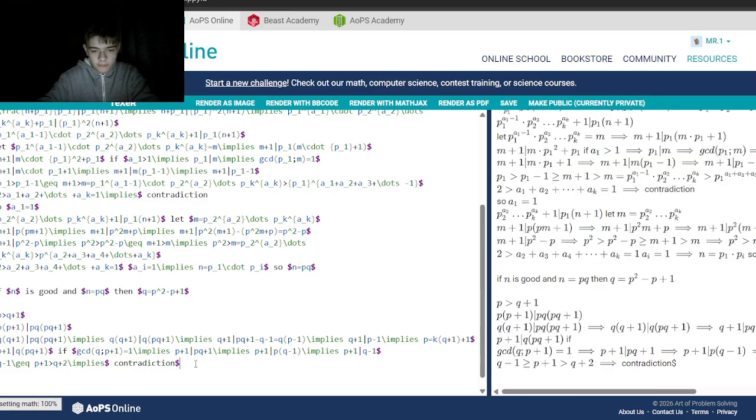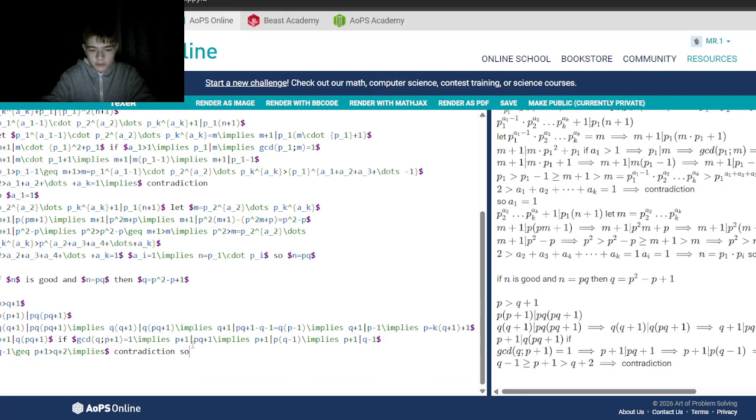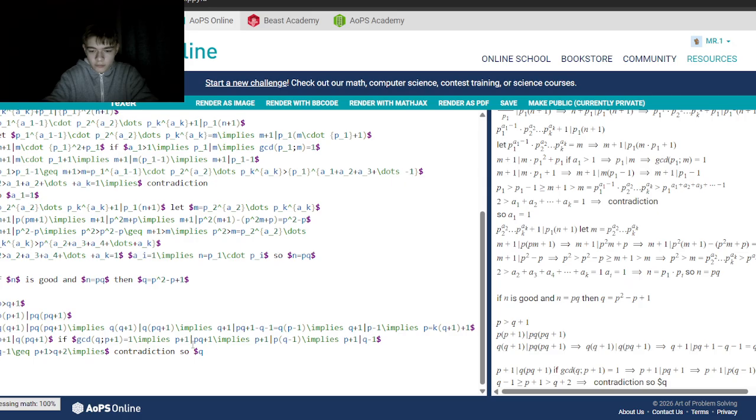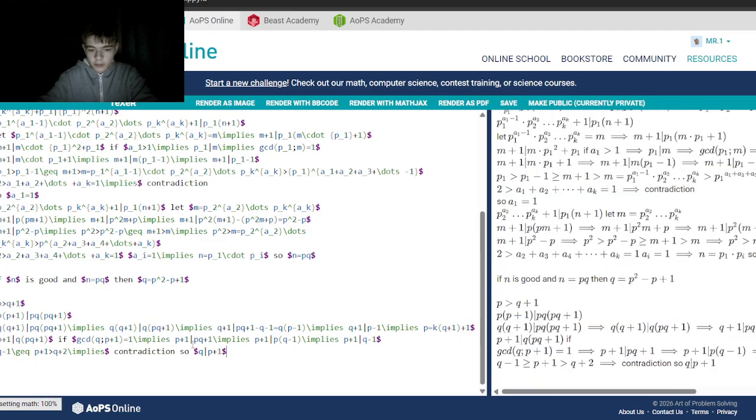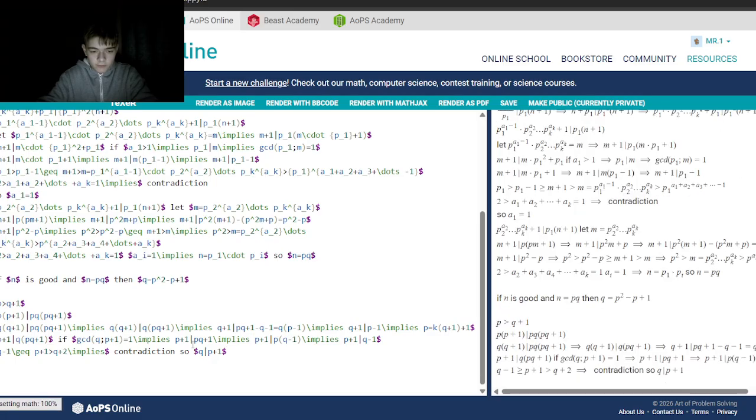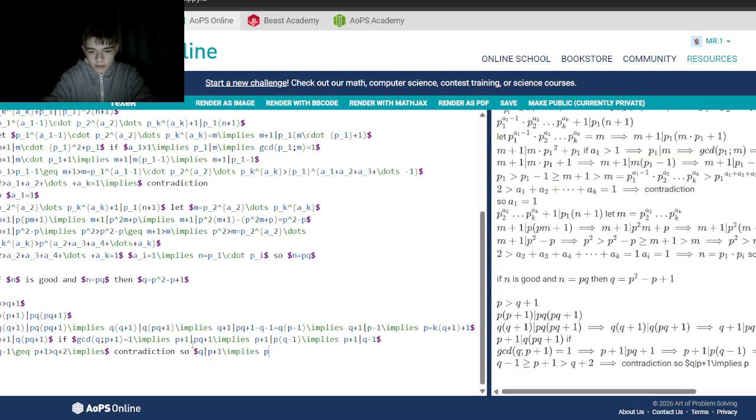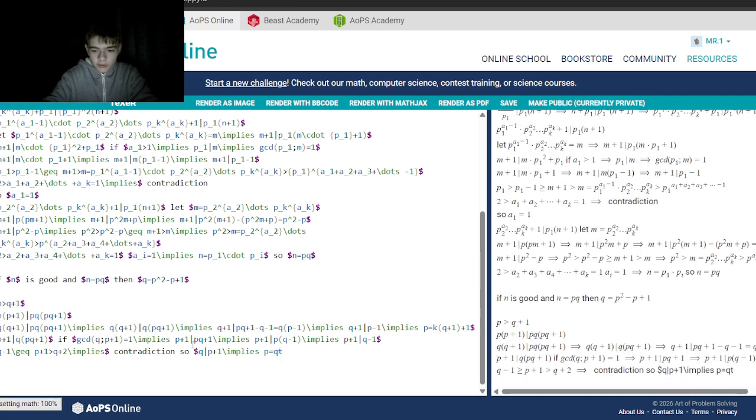Actually, okay. So we get that q divides p plus 1. So now this implies that p is equal to qt minus 1.